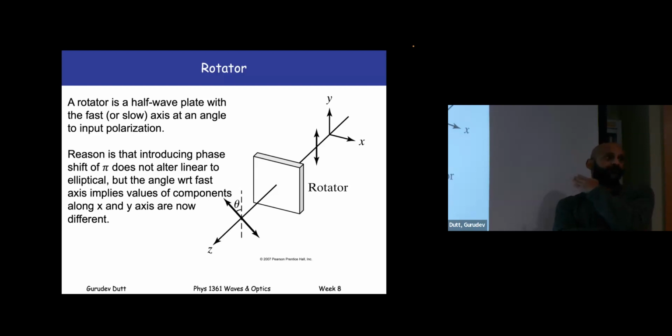The fast axis of the half wave plate should be at... Yes, 22 and a half. Which I just said, which is that you have to take the components and flip the y-axis, which means it's equivalent to rotating the polarization state by 2 times that angle between the fast axis and the polarization. Maybe not clear? Yeah. Okay.